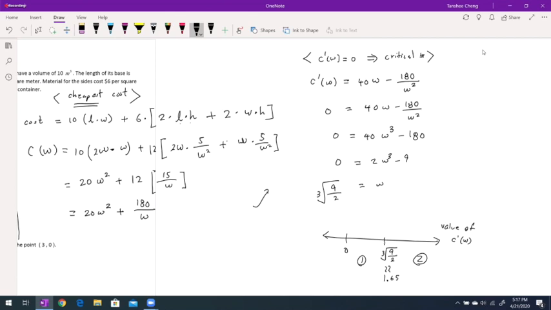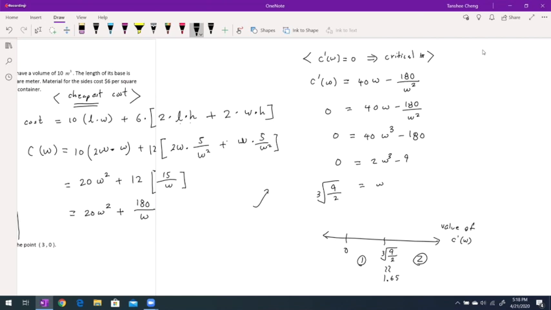So we find the critical number by taking the first derivative and setting it equal to 0. Solving for the width gives me the cube root of 9 over 2, which is approximately 1.65. So we can choose 1 in the first interval and 2 in the second interval to find the value of the first derivative function.